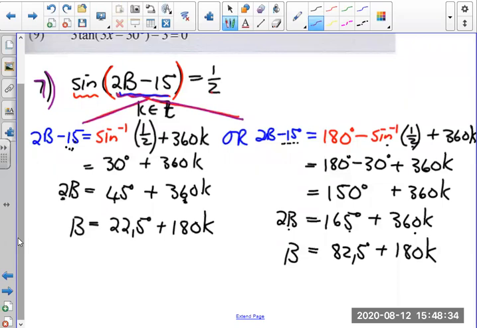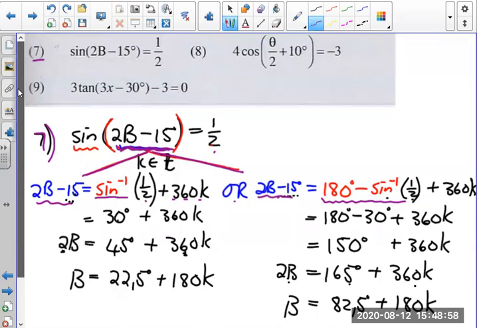There's the angle. Angle equals shift sign answer plus 360k. Or what's your other leg? Angle is equal to 180 minus shift sign plus 360k, and you just solve.